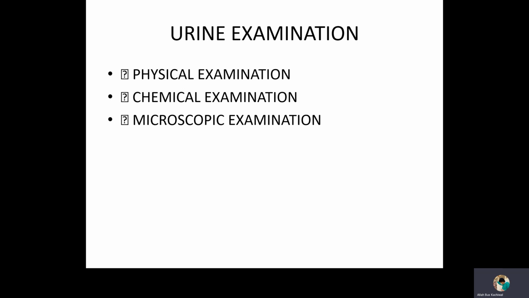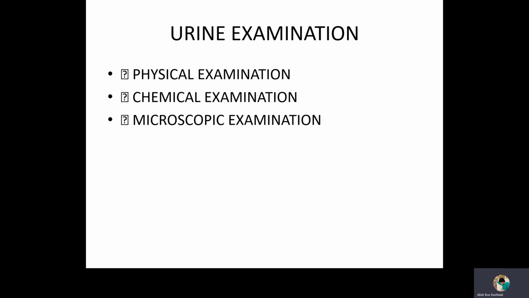Urine examination is always dependent on three types of examinations, and the urine analysis can be completed by three investigations. One is the physical examination, then the chemical examination, and the microscopic examination.